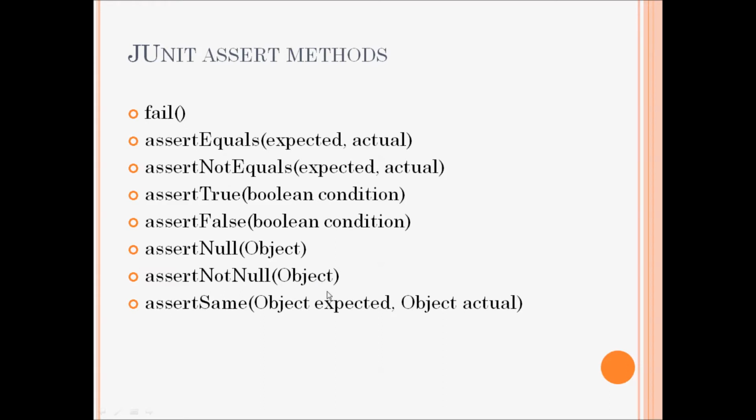and the assertSame method asserts that two objects refer to the same object, refer to the same reference. And the assertNotSame method asserts that two objects refer to different references.